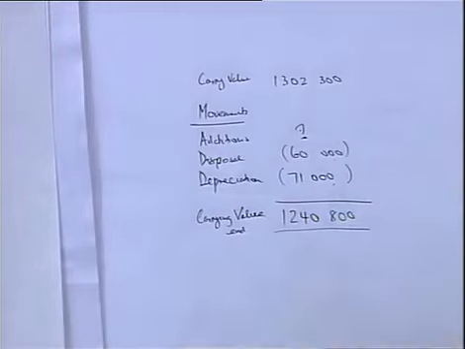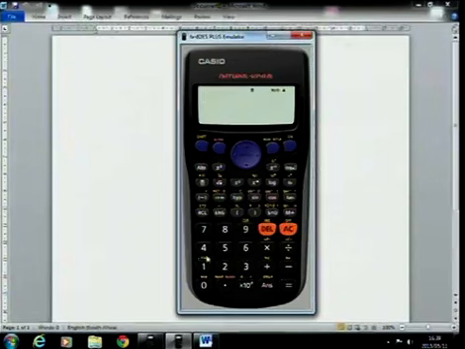Right. So all we have to do is offset those figures and get the difference. We start with 1,302,300, we minus 60, we minus 71, which equals 1,171,300.